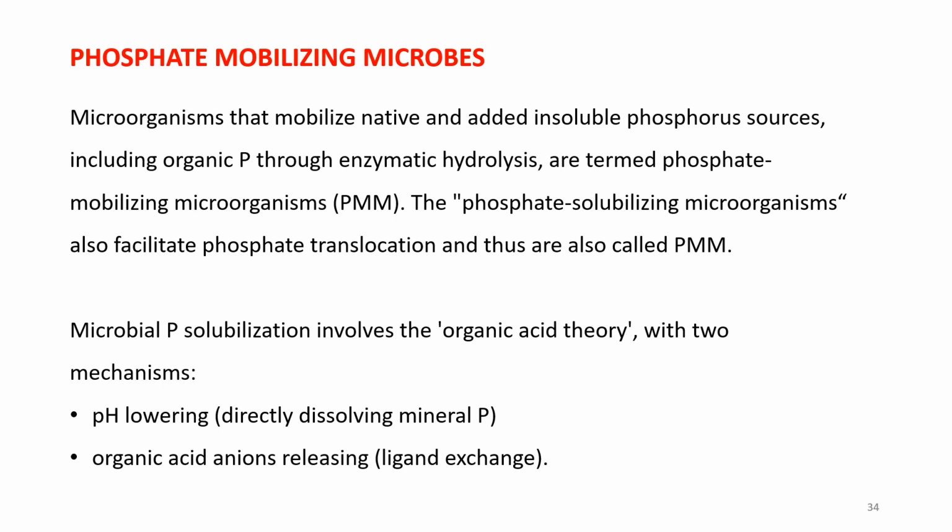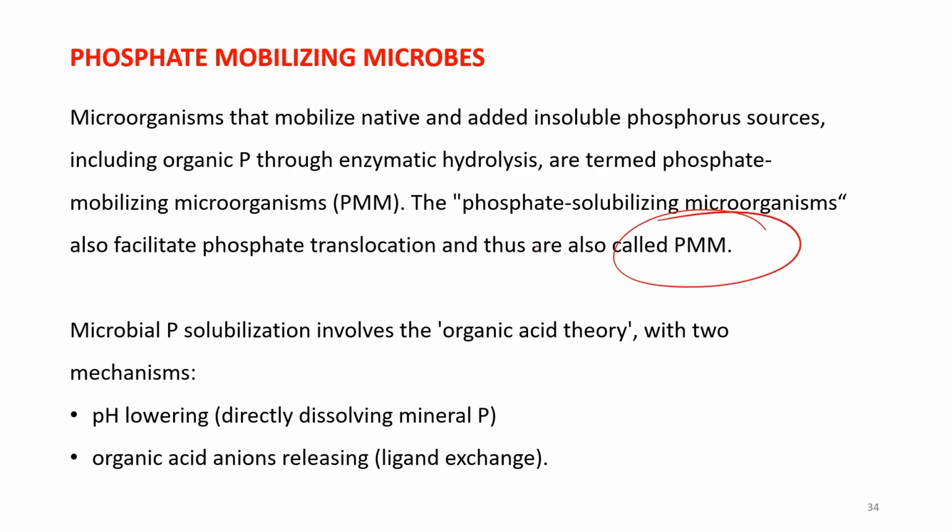Then we have phosphate mobilizing microbes. Microorganisms that mobilize native and added insoluble phosphorus sources, including organic phosphorus through enzymatic hydrolysis, are termed phosphate mobilizing microorganisms. The phosphate solubilizing microorganisms are also helpful in facilitating phosphate translocation and are thus included as PMM.